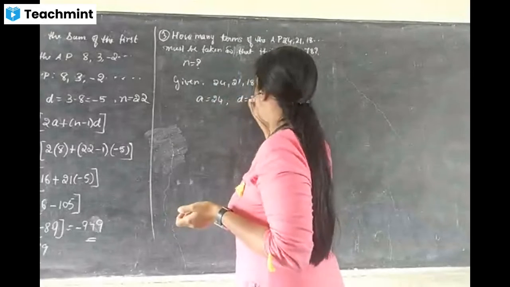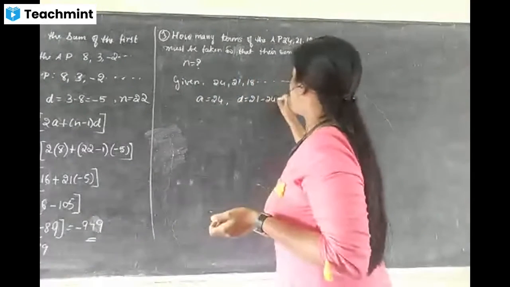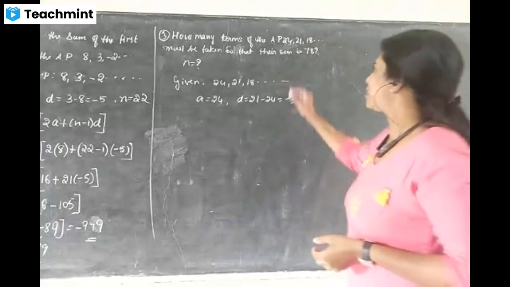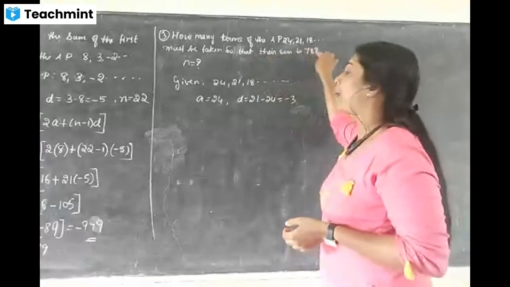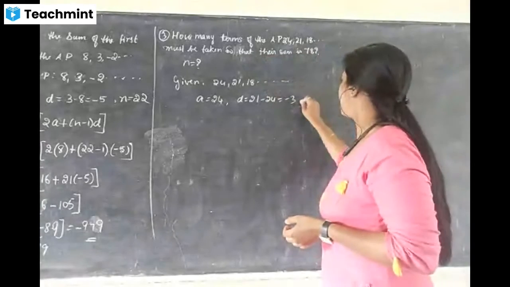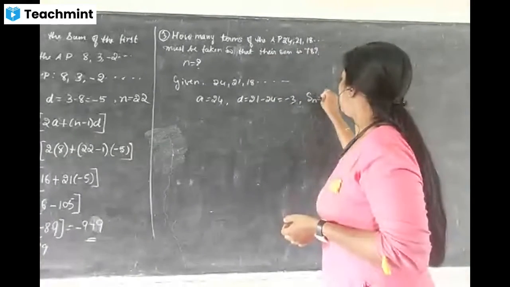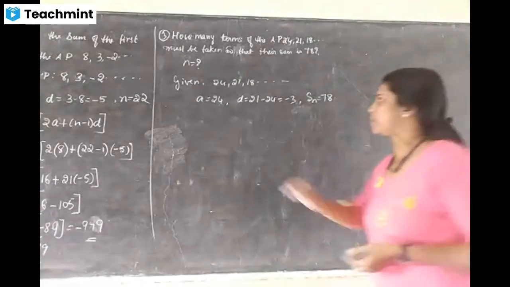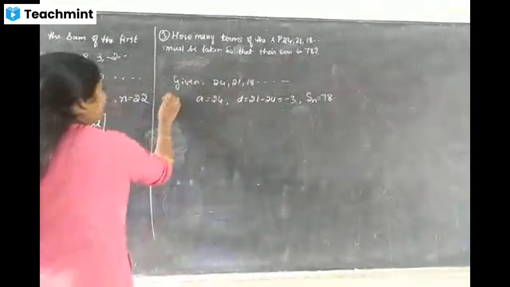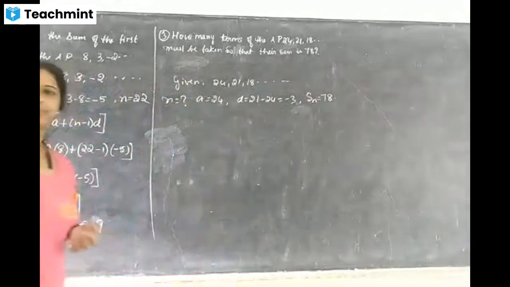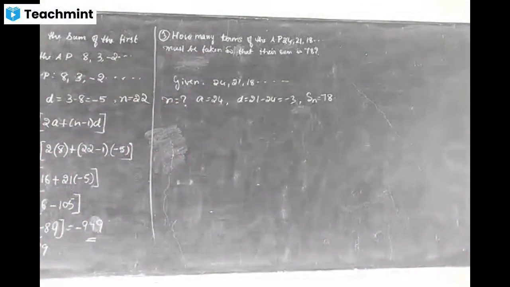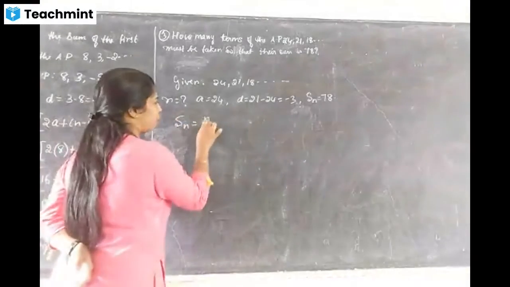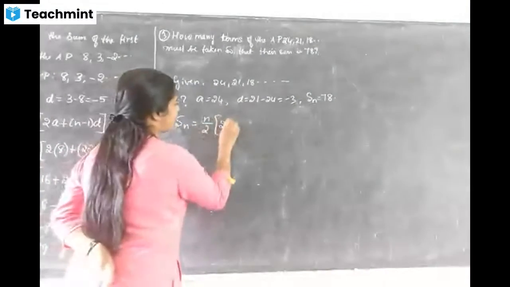What is the value of d? 21 minus 24 is minus 3. Next, so that their sum is 78 means sn value is given as 78. n is what we are asked to find. Write the formula once. Each and every time write the formula, then the formula will get by heart.